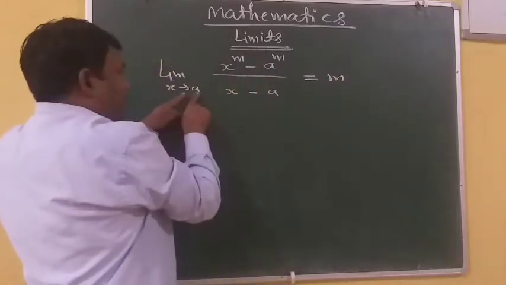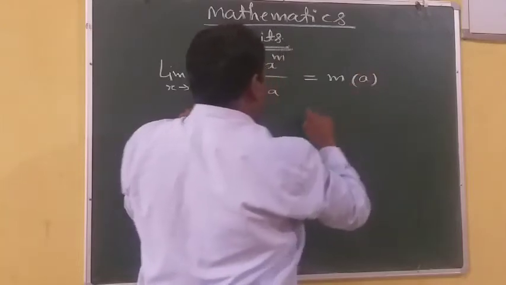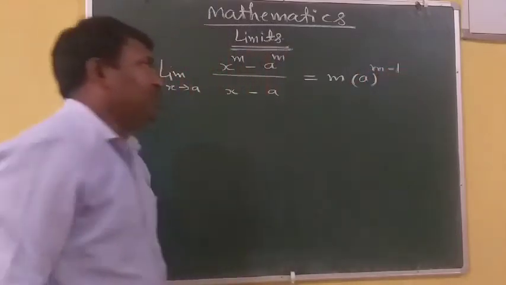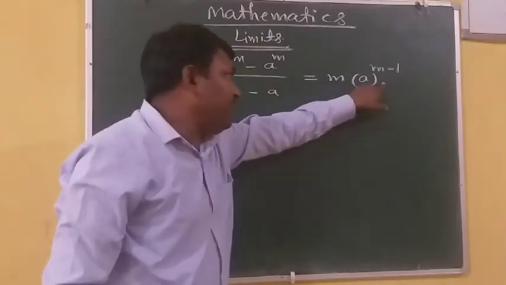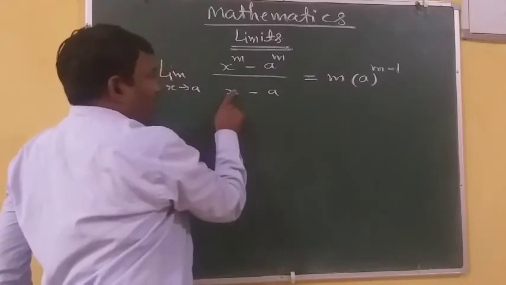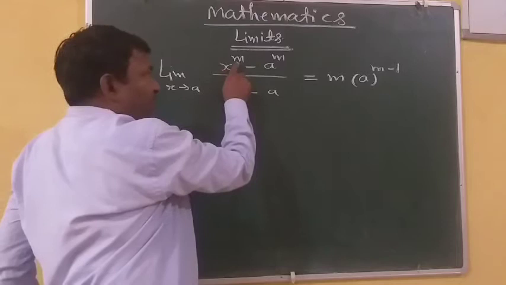And x tends to a, then this a power m minus 1. You can learn it like this: m by 1, here power of x in denominator is 1, power of x in numerator, that is m.